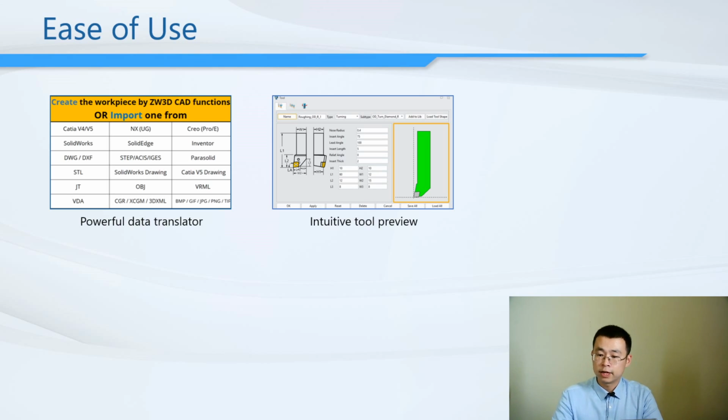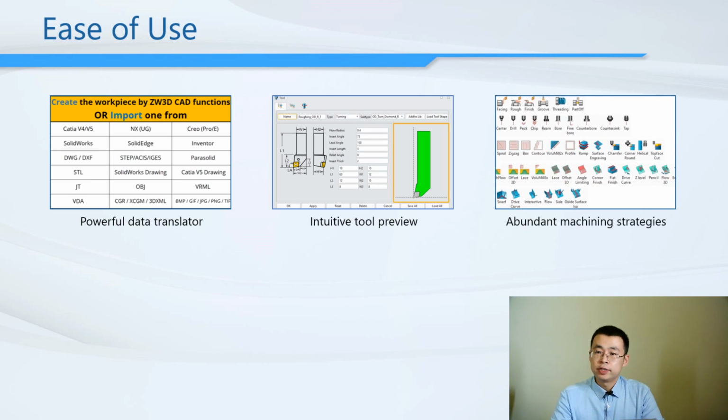No matter what kind of tool you are dealing with, whether it is a turning tool, a drilling tool, or a milling tool, all the tools get previews to help you easily create the tool and avoid making mistakes.